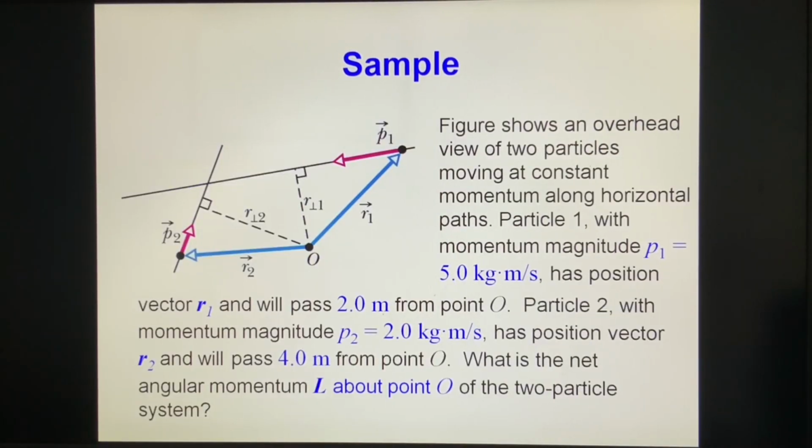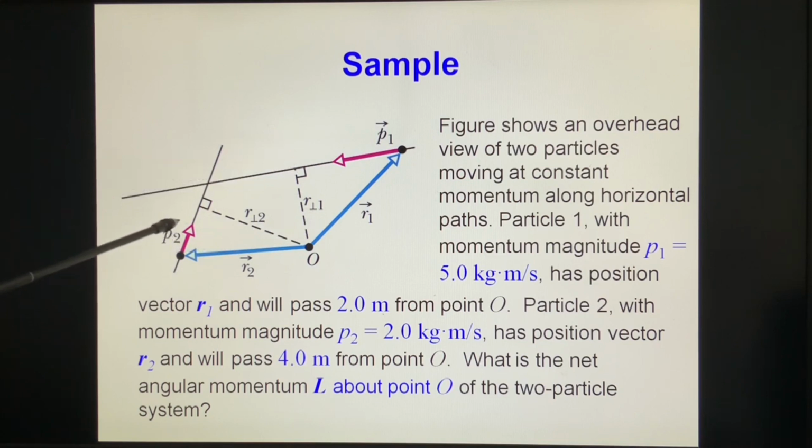Example. The figure shows an overhead view of 2 particles moving at constant momentum along horizontal paths. Particle 1 with momentum magnitude P1, 5.0 kilogram meter per second, has position r1 and will pass 2.0 meter from point O. This is the distance.